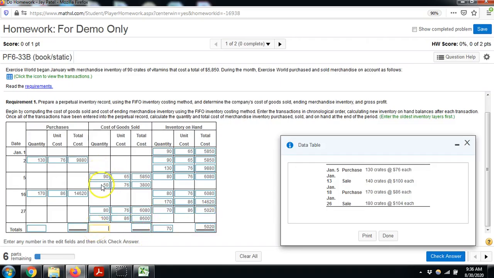And so how many do we sell total? 180 plus 140 is 320. And our total cost of goods sold was just the sum of all of these in this column. And then for this, we purchased a total of 300.